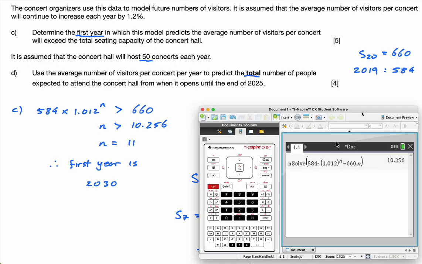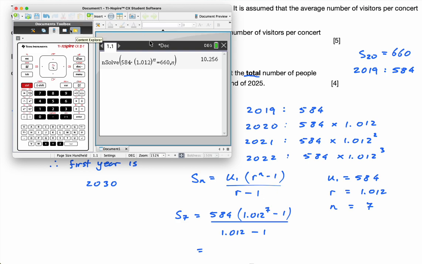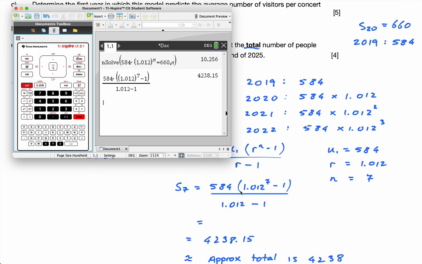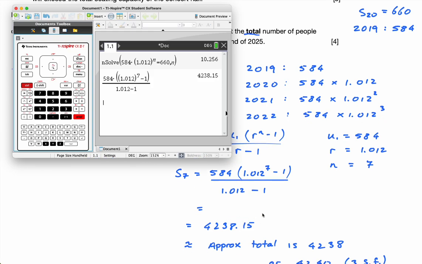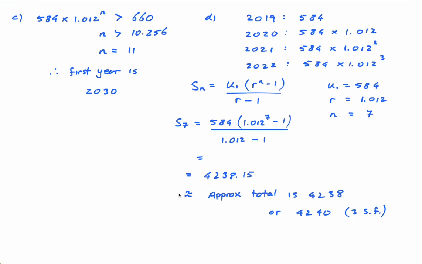Let's use our calculator for this for sure. 584 times 1.012 to the power of 7 minus 1, over 1.012 minus 1, gives me 4238.15. Okay, I've actually done this here. Nice and handy.